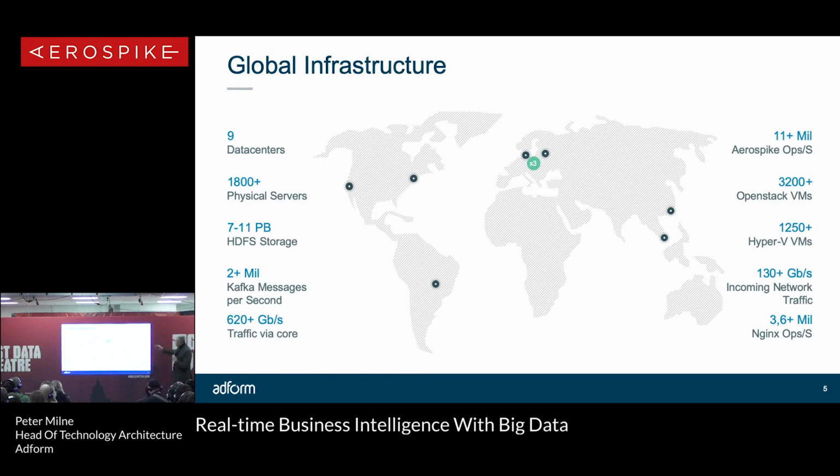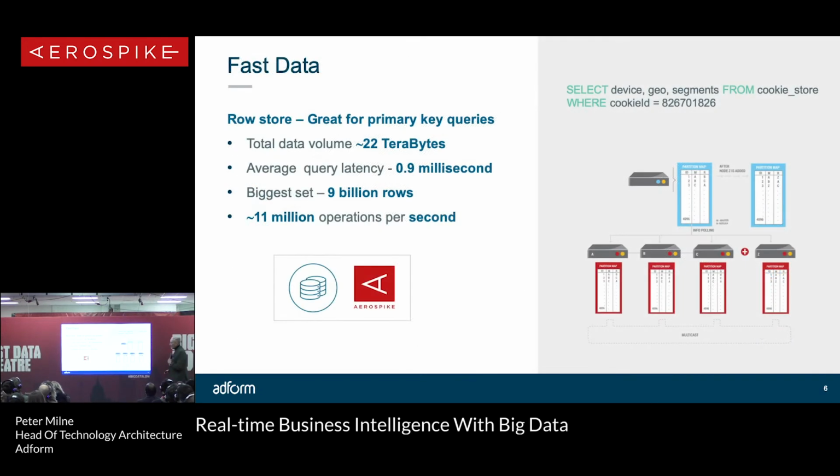We have many VMs, too many VMs, a large Kubernetes cluster, big Aerospike usage, lots of network bandwidth, and fantastic usage of our Nginx load balancers. So everything we do is big, fast, and high volume, to put it into scale. So how do we do this?